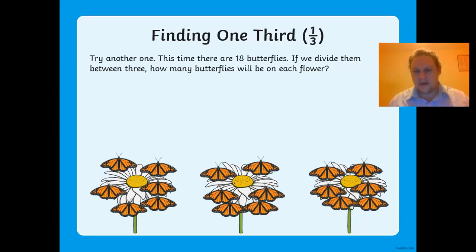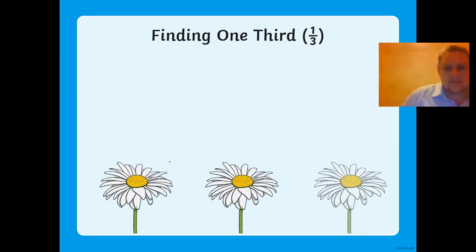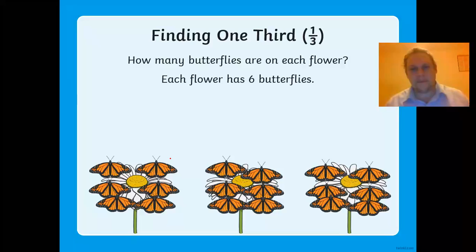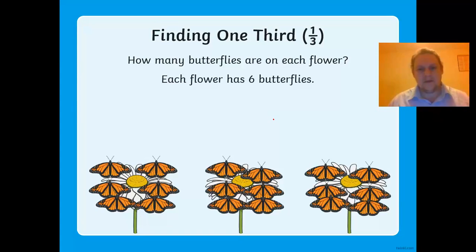We need to share these 18 butterflies exactly evenly between the 3 groups. How many have we got in each group then? 1, 2, 3, 4, 5, 6. 6 butterflies in each group. 6 butterflies on each flower. So 1/3 of 18 is 6.